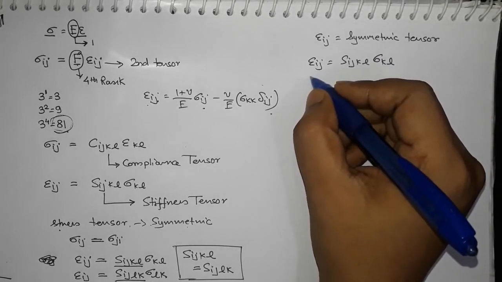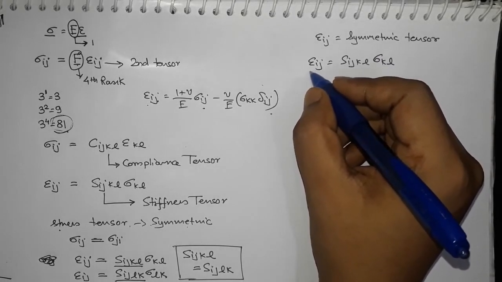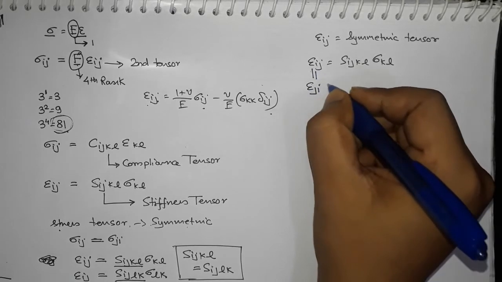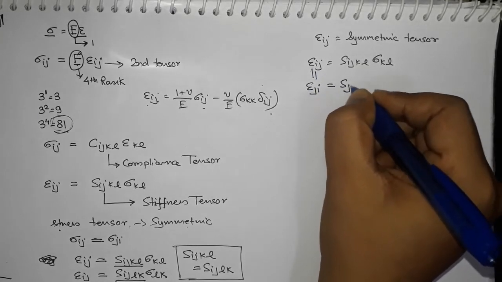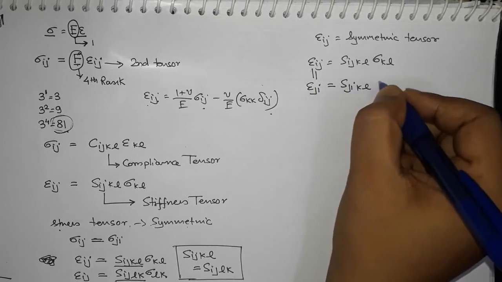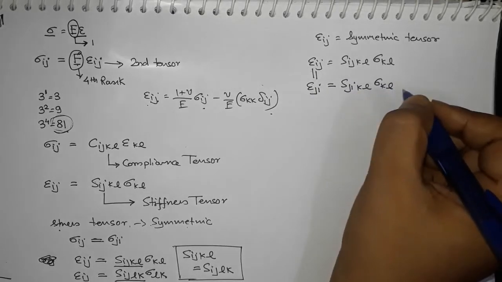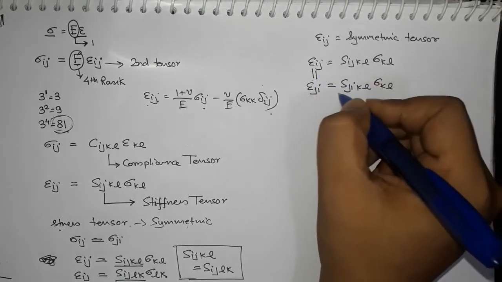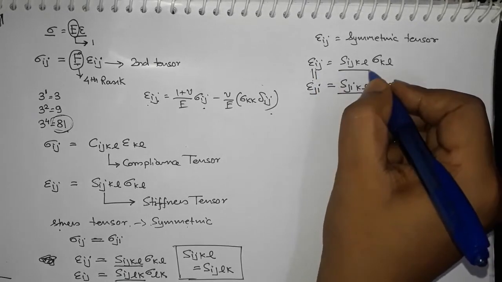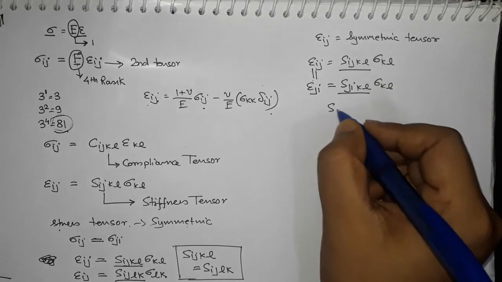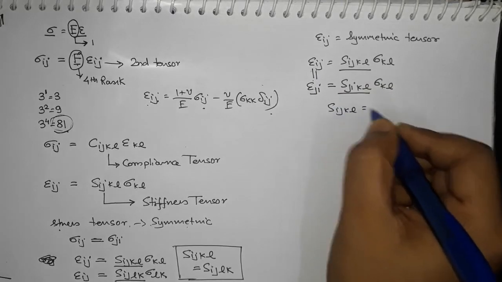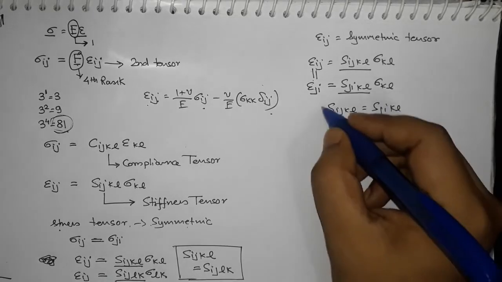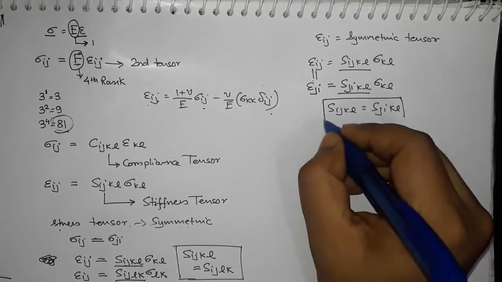And because of symmetry, epsilon ij should be equal to epsilon ji, which will be equal to Sjikl sigma kl, right? So because of symmetry these are equal, therefore this must be equal to that. So we have Sijkl equal to Sjikl. Okay, so this is also true.